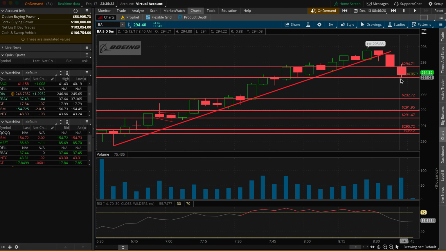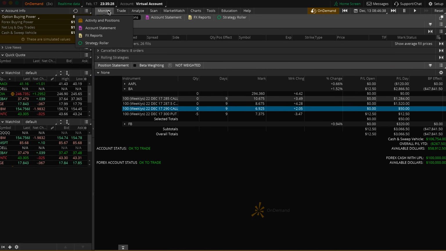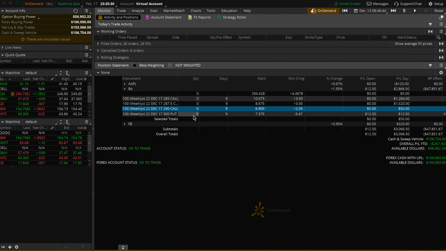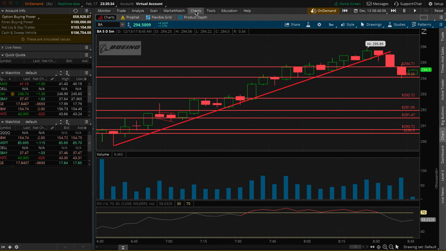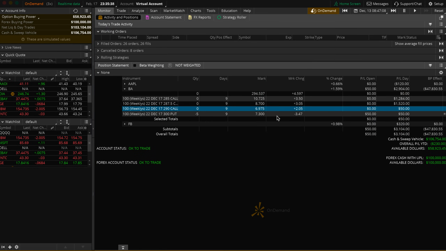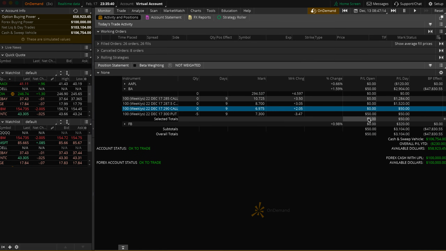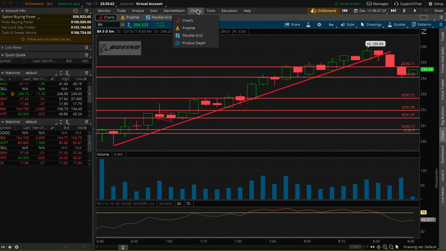So it hit this support and it looks like it's bouncing back up. So right off the bat, we're in at 12 bucks. Okay. Thought we were going to be negative. Let's see, are we negative now? Nope, we're in at 50 bucks. Okay.